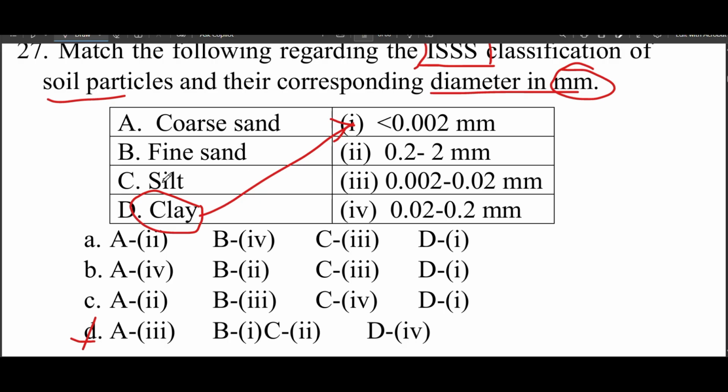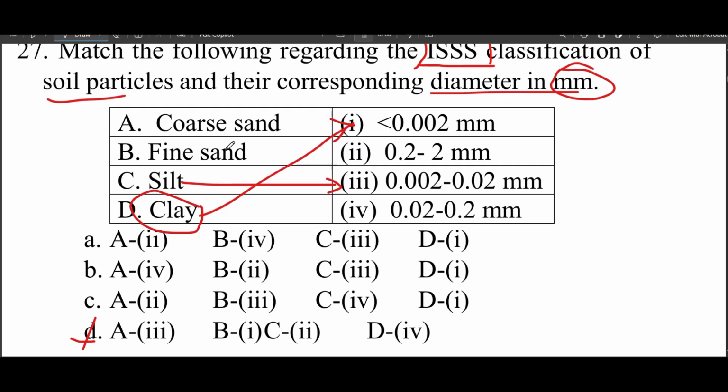Okay, then next, there are two options. Silt will be 3, because next to clay it comes silt, so this will be the silt size 0.002 to 0.02 millimeter.